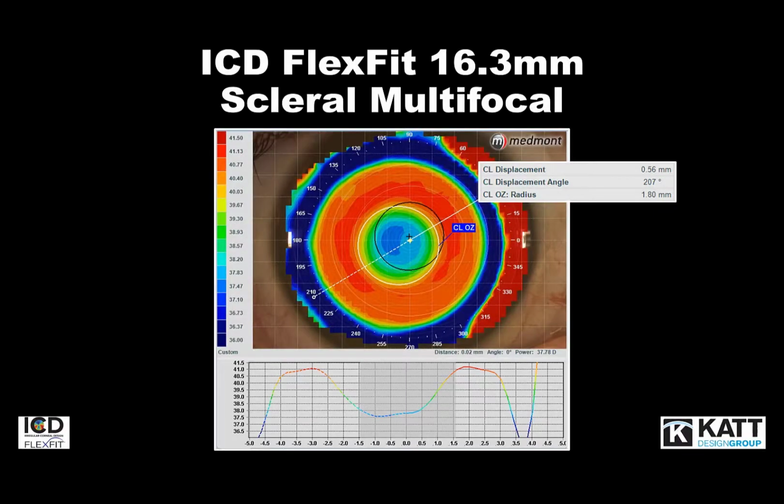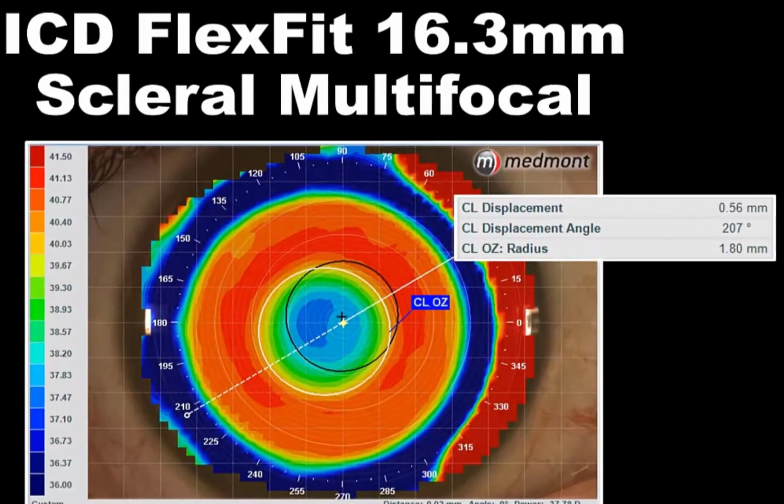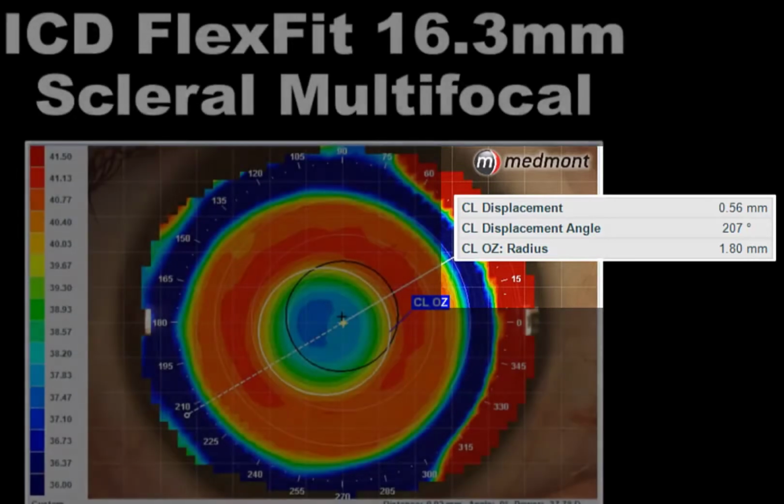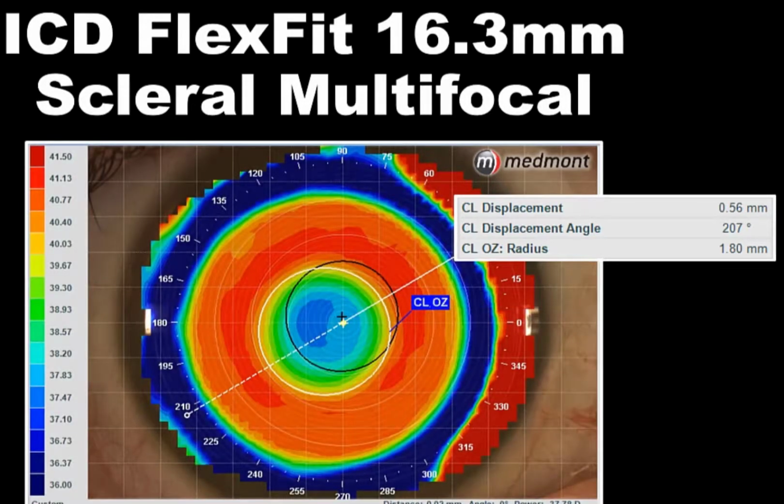In this topographer, a contact lens displacement attribute is available that can tell us, based on the zones of the lens, the distance of displacement, in this case 0.56 millimeters, as well as the direction of displacement toward axis 207 degrees. With this important information, we can order a custom ICD FlexFit multifocal with displaced optics.